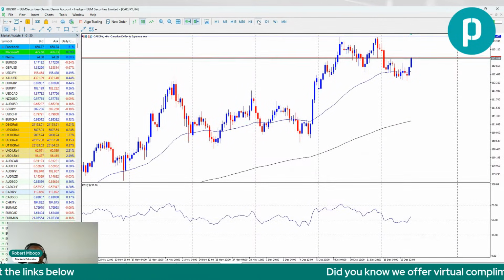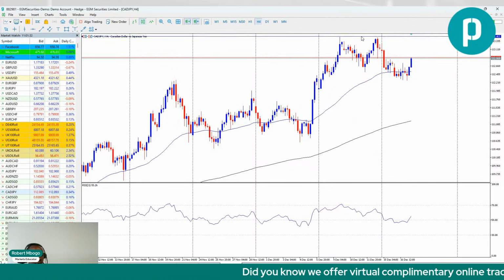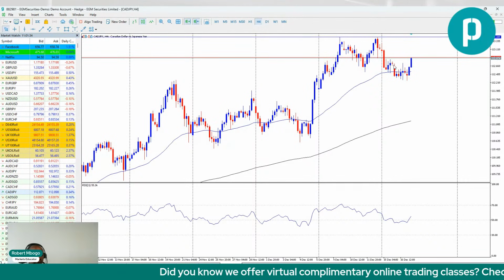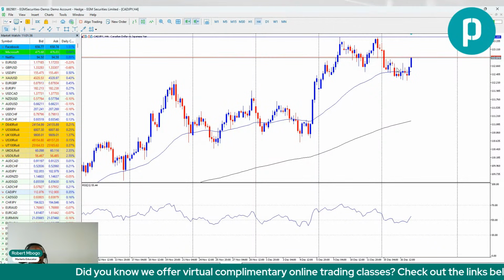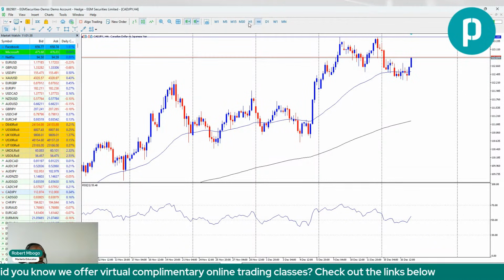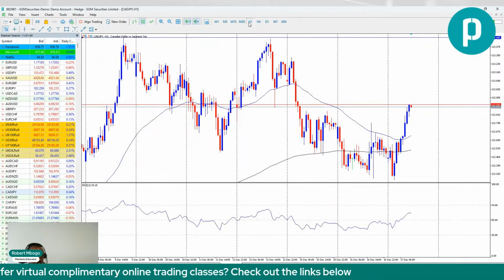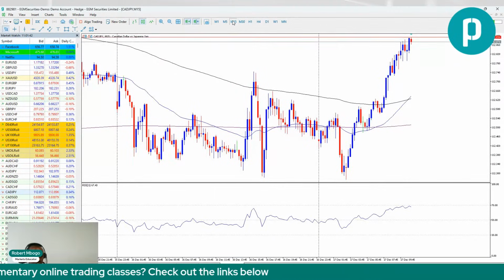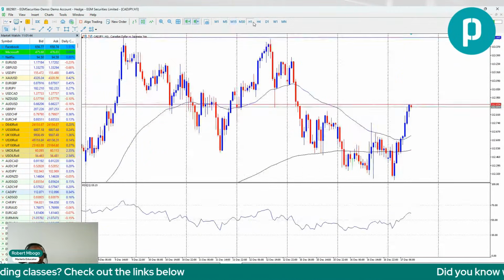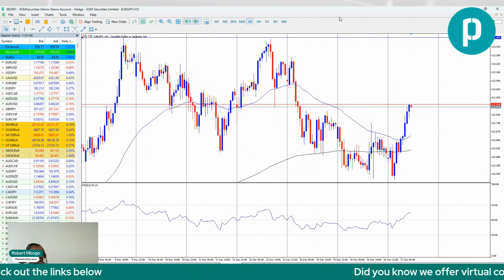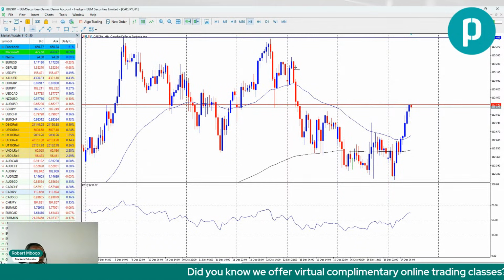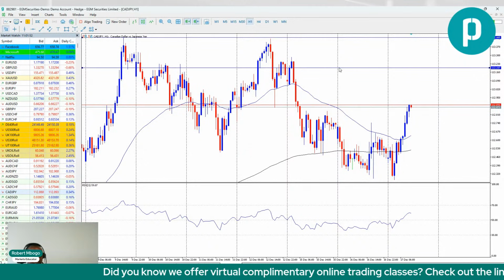And let's go to H4. Consider a bullish move. And then there's another block up here on H1. So clearly we are looking at buys, right?